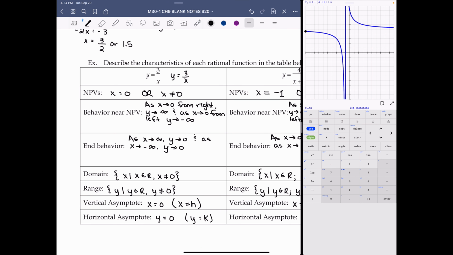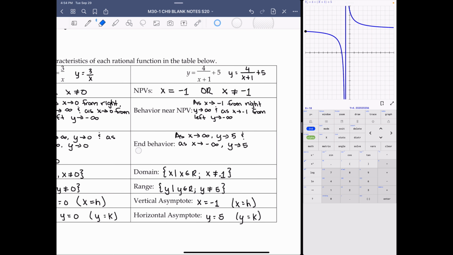Another way that we can write this is as the absolute value of x approaches infinity, which would include x approaching infinity and x approaching negative infinity, y approaches 0. Over here, we could write that as absolute value of x approaches infinity, y approaches 5.